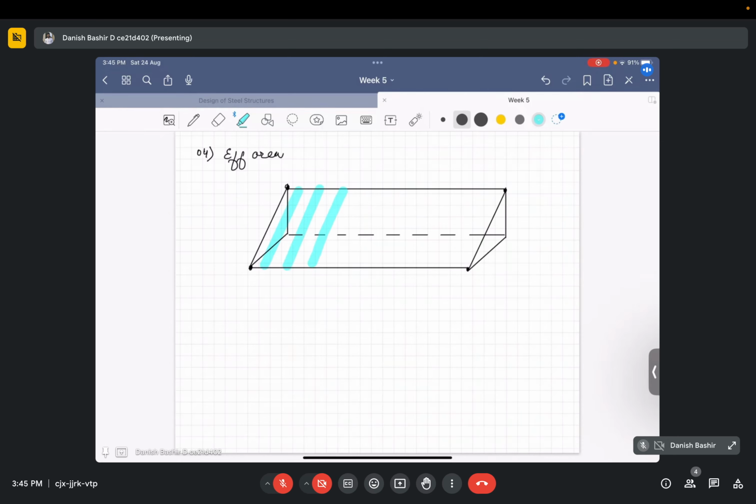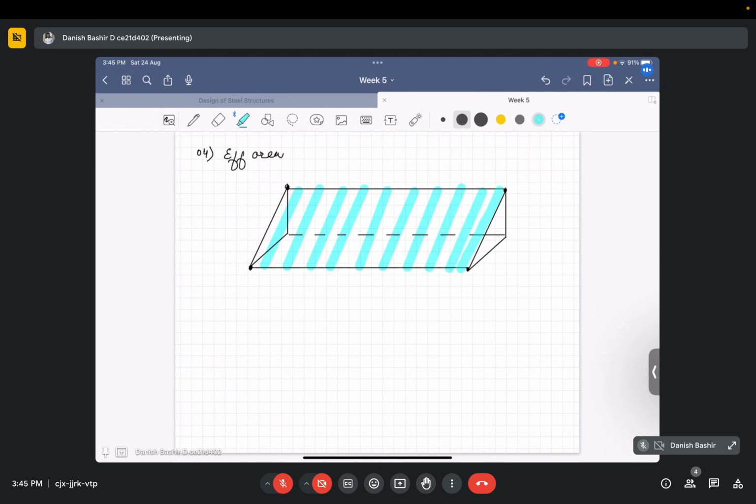For the calculation of the effective stresses on this fillet weld, you have to take the shearing area, not the cross sectional area. Cross sectional area we take in butt weld. So we are not taking this, but we are taking the shearing area.